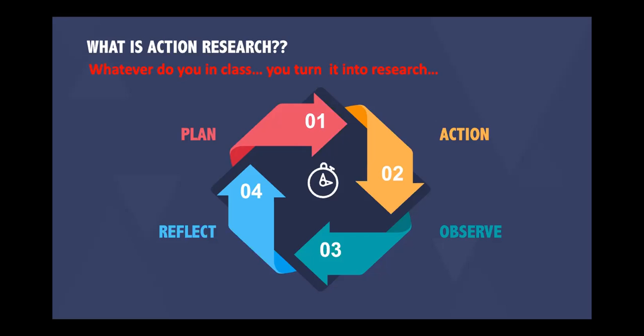After class, you reflect. Okay, during my plan, I planned A, B, C, 1, 2, 3, then the action was taken by me, meaning that I asked my students to do 1, 2, 3. And then I observe.